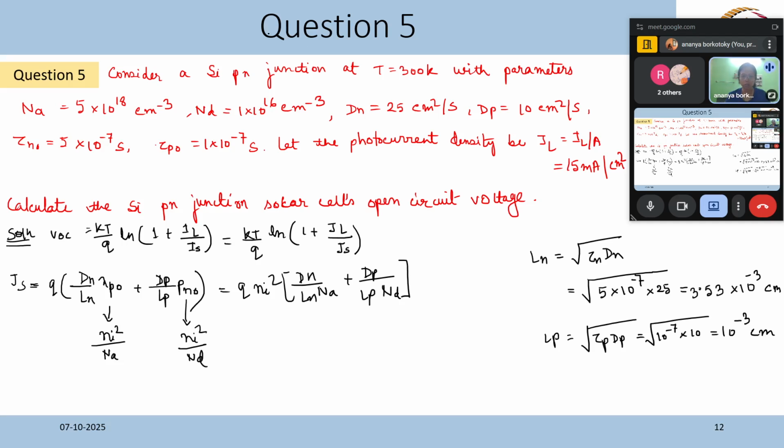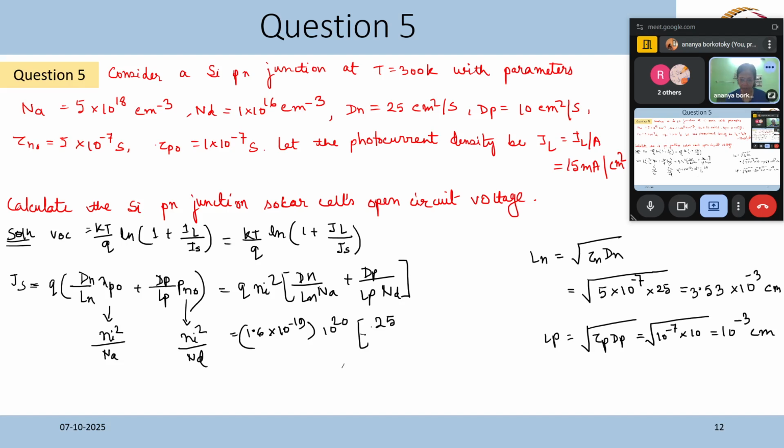Ni, this is silicon at 300 Kelvin, so I will roughly take Ni as 10 to the power 10. You can take 1.5 into 10 to the power 10 also, but it is not given in the question. Q is 1.6 into 10 to the power minus 19. I will take Ni as 10 to the power 10, so Ni square is 10 to the power 20.